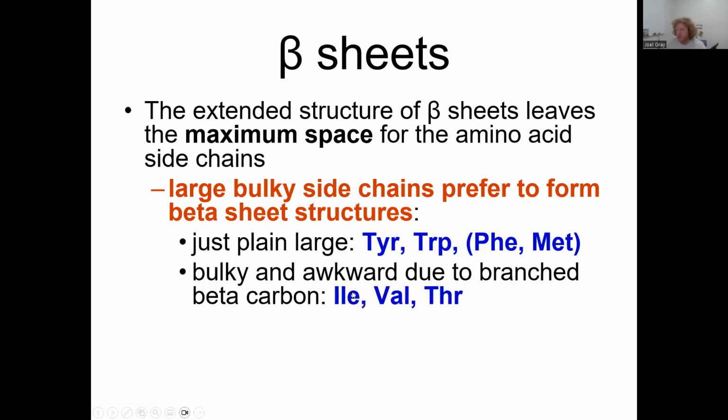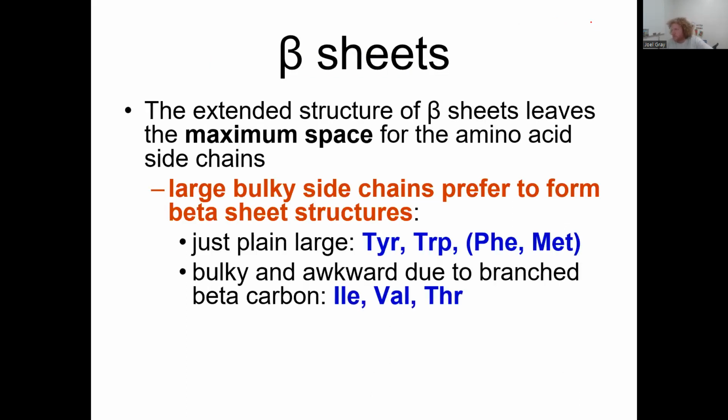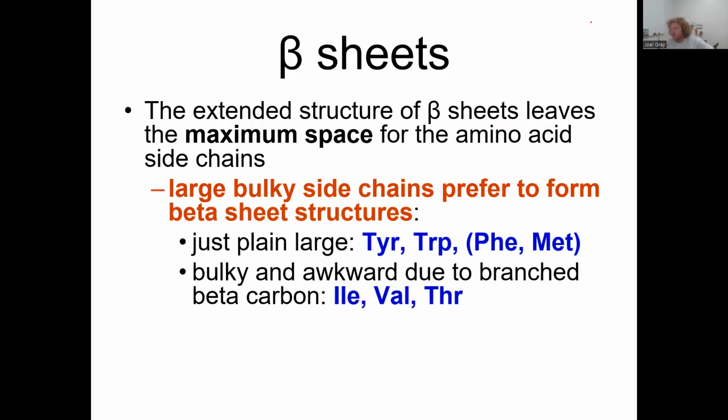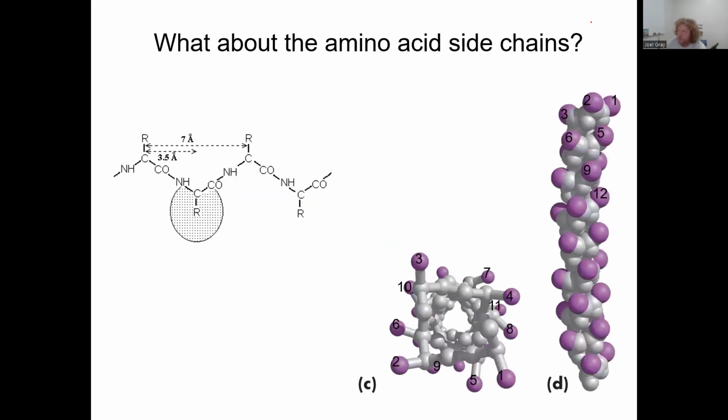And bulky and awkward beta branched amino acids are also good candidates, which I'm sorry, on the previous slide, these are all your beta branch, so bad for alpha helix. That would be your isoleucine, valine, and threonine. Those are great for beta sheets, however. Cysteine is also a good one for a beta sheet.